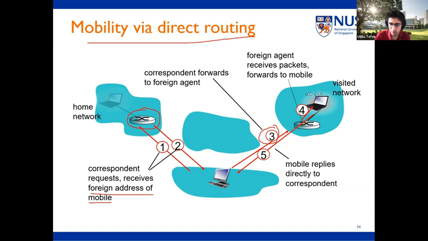The foreign address is the temporary address of the mobile. We call that the care-of address. That is the temporary address of the mobile dependent on the network visited. It is either assigned by the foreign agent, or it can be chosen by the mobile using some kind of DHCP protocol.